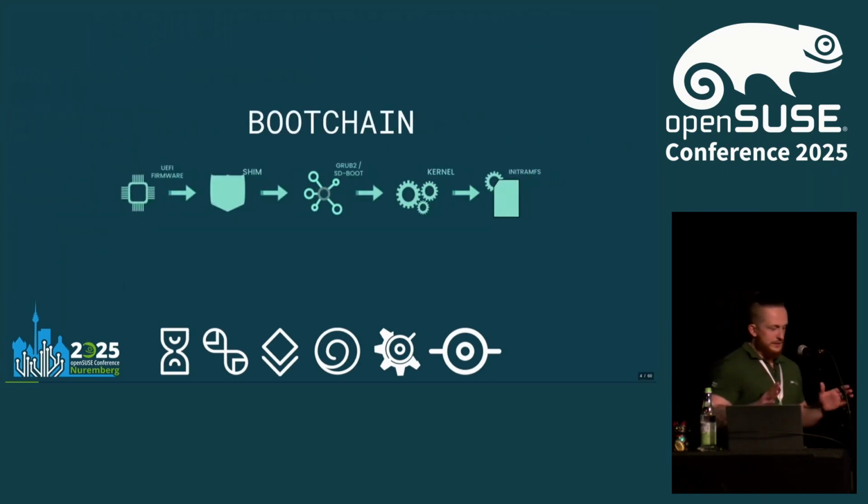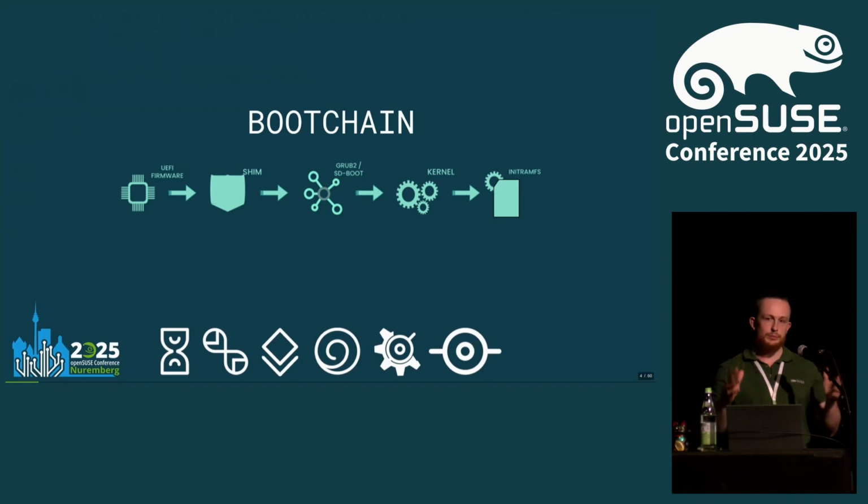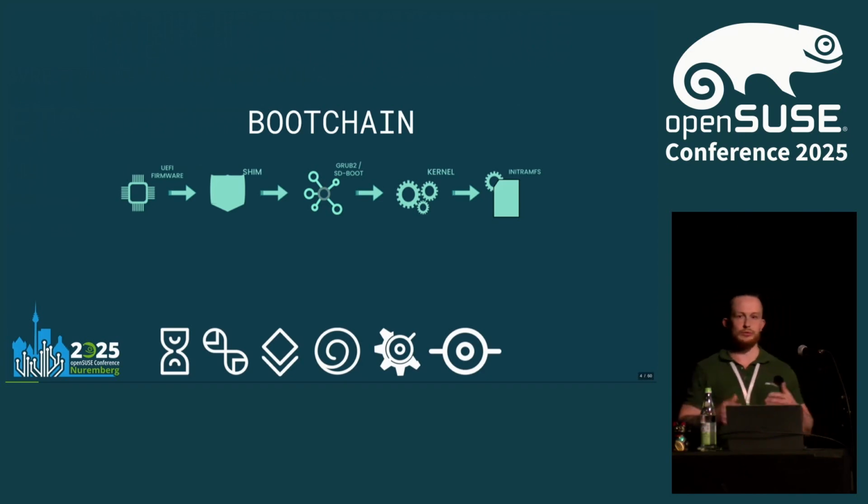Firstly, I need to bring you back to the boot chain. When you power up your machine, your UEFI firmware will run to initialize your hardware. Then shim, the Microsoft-signed bootloader, will run and load other signed bootloaders like grub2 or systemd-boot, depending on your system. Then it runs the kernel with an initial ramfs.